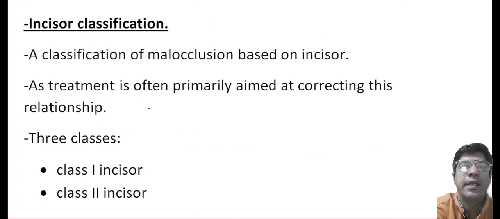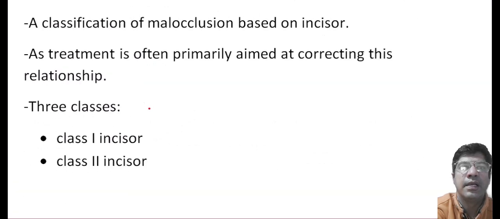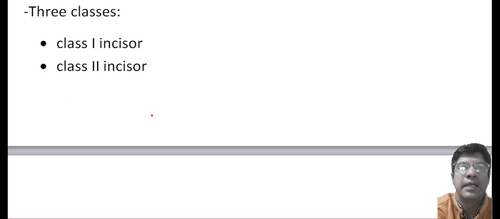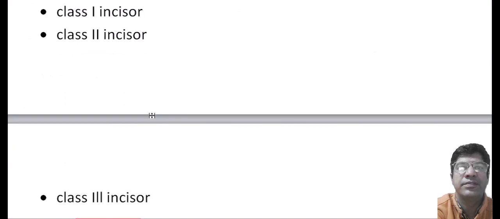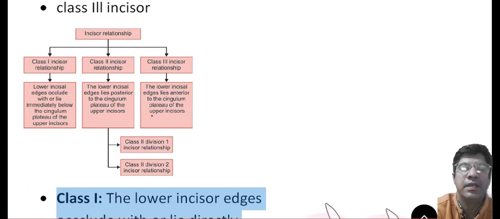The other is the Ballard classification, which gave three classifications: class 1 incisors, class 2, and class 3 incisors.